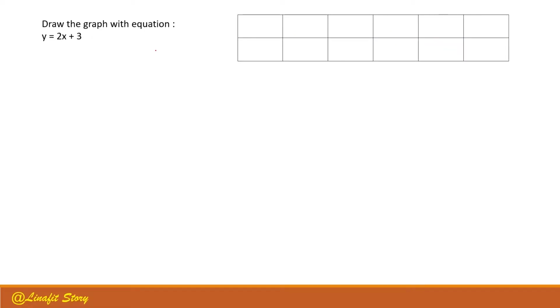Draw the graph with the equation y is equal to 2x plus 3. So first, we should draw the table of values for the equation y is equal to 2x plus 3. So this is x, this is y. X is the input, while y is the output.